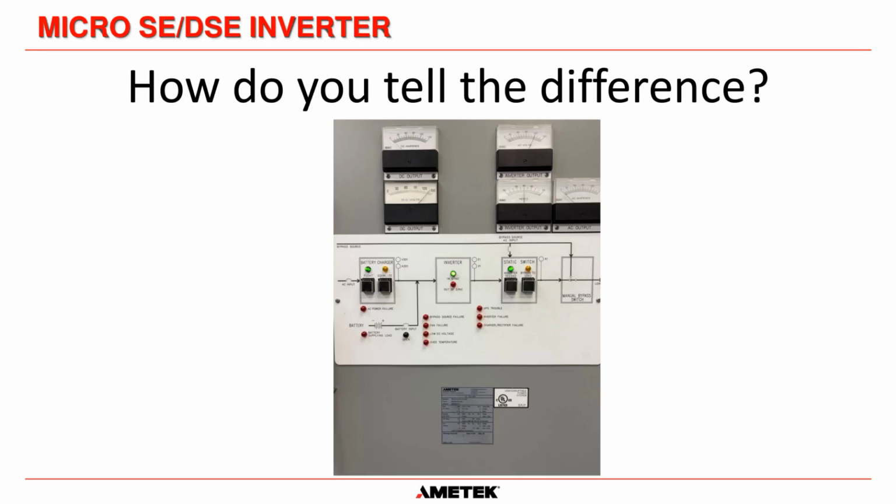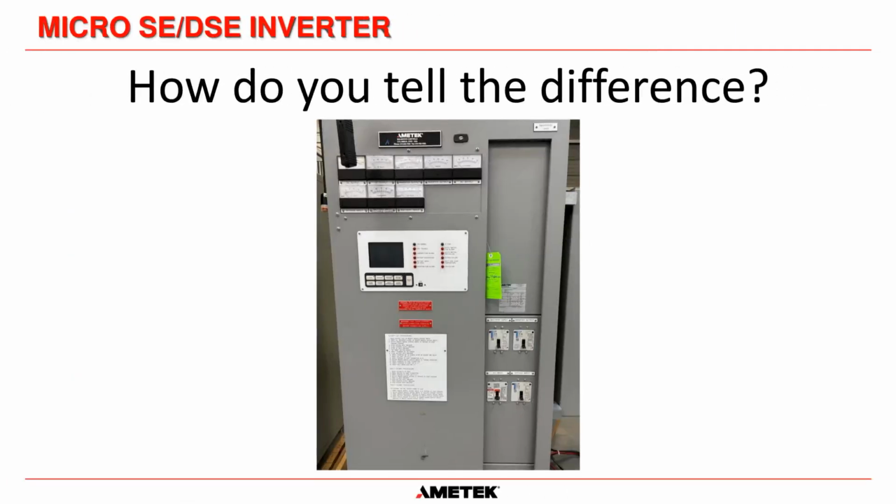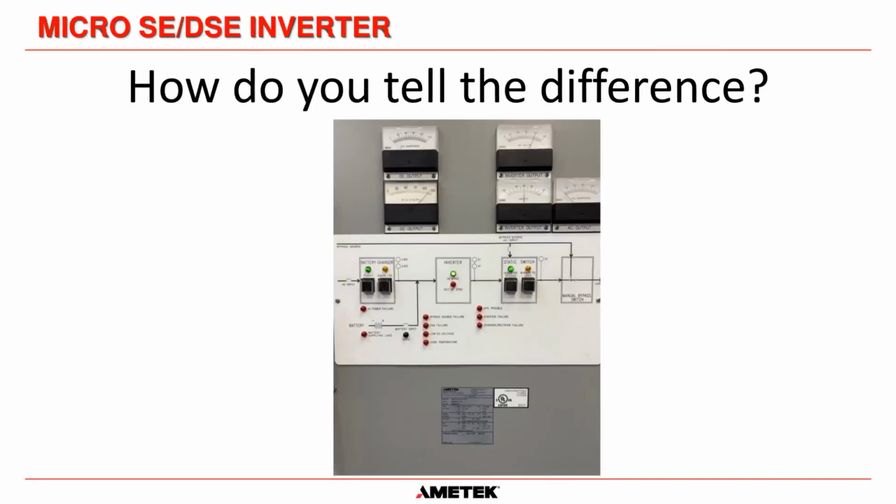It was quite simple. But over the last 3 to 5 years, we came up with a new system that still uses the CVT transformer. But now what we've moved to is a system that's very similar to our PWM inverter that has a touch screen on it. So it does get a little bit complex. You can't just look at the front anymore and say, oh, I have this white placard, it's a ferroresonant system.